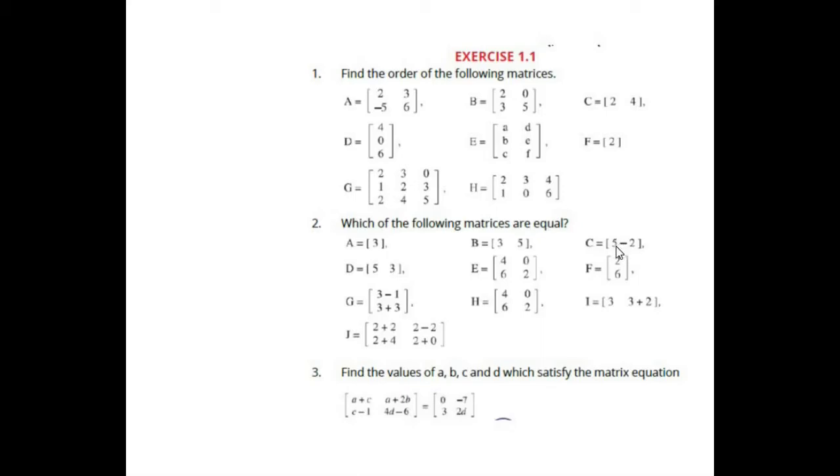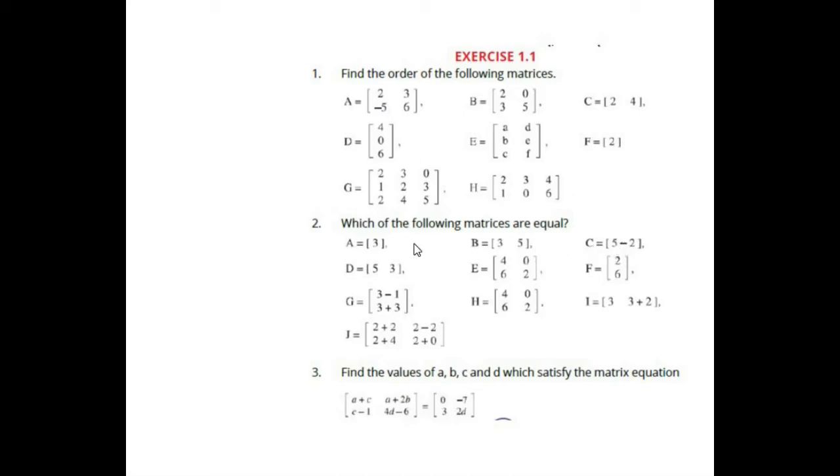You might consider that there are 2 numbers in this C, but look at the part B and see, there is a space between the 3 and 5. There is a space between these two elements. Here this is only one element. It says 5 minus 2. If we solve this, 5 minus 2, it will give us 3, which is the only one element here.